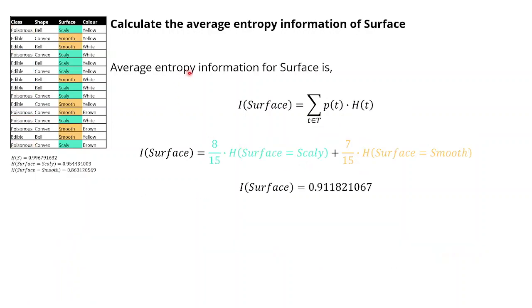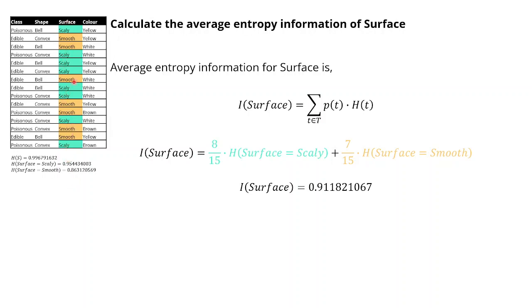Next, we calculate the average entropy for surface. So again, we just multiply by the distribution for each surface type. For scaly, we have 1, 2, 3, 4, 5, 6, 7, 8.